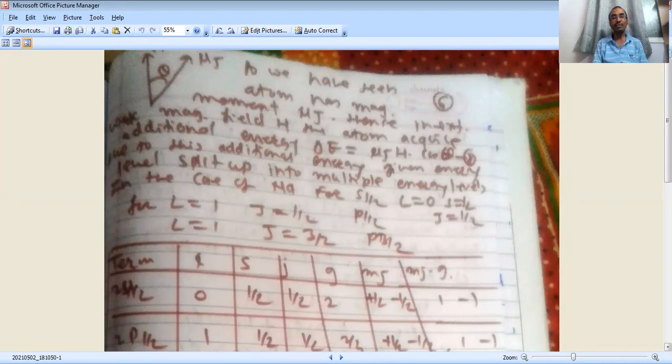But my friends, if we apply an external weak magnetic field, then what will happen? Then for L equal to 1, J equal to 1 half, for L equal to 1, S changes to P 1 half, because it is L equal to 1.